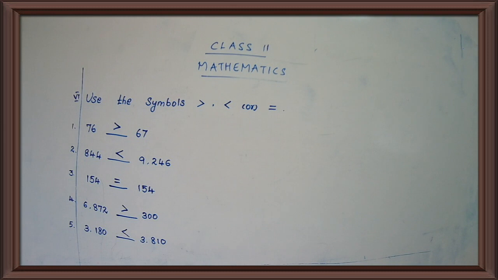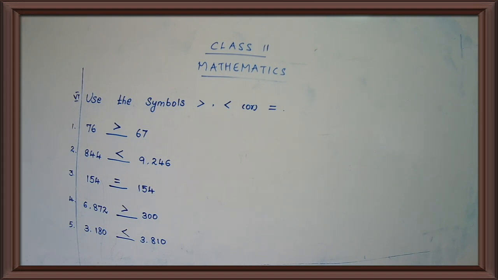6872. The right side number is 300. Which one is the greatest number? 3-digit number or 4-digit number?